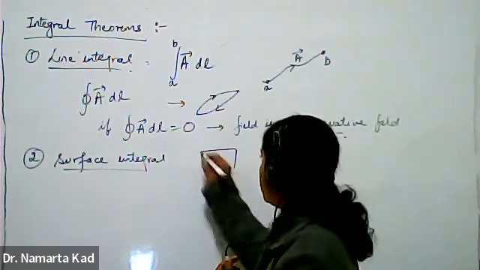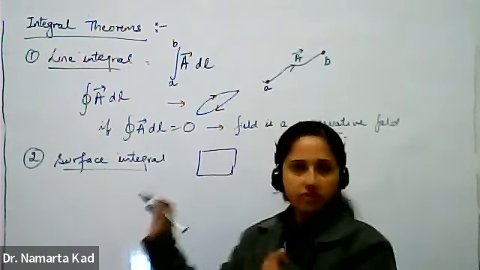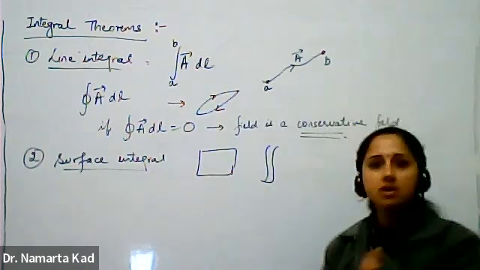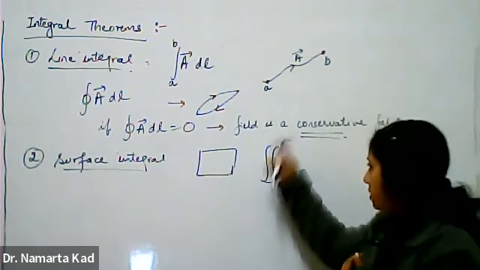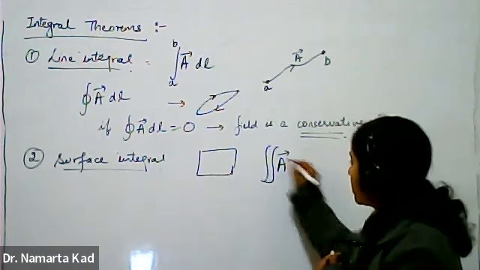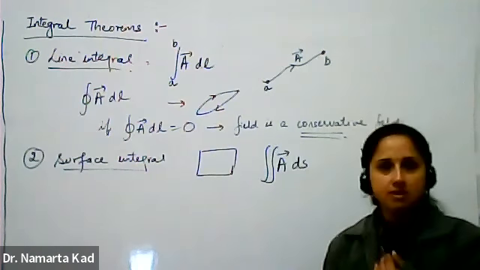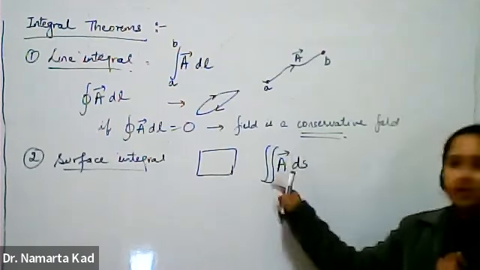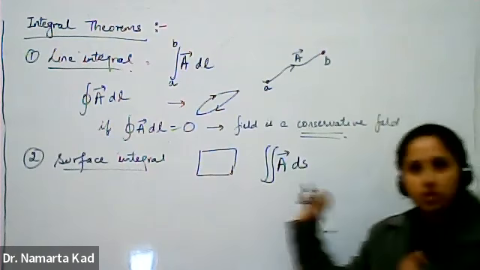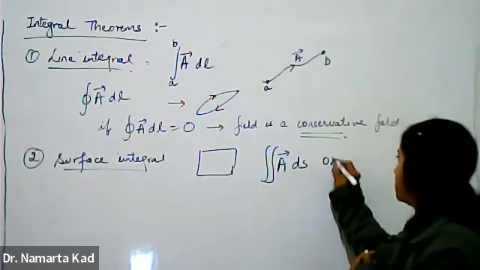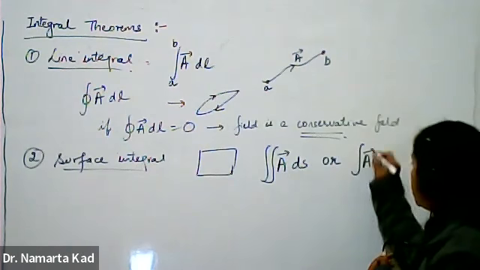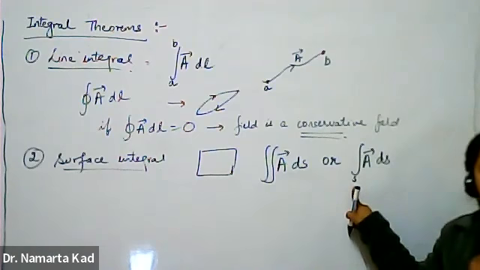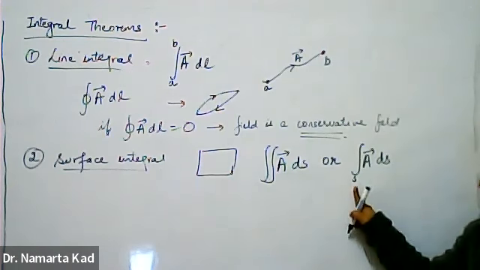If a two-dimensional surface is there, then this integral is represented by the double integral symbol, A vector dot ds. For a surface integral, ds and the double integral are used. Or you can also write it as A vector ds, or simply write s here. So this also represents your surface integral.